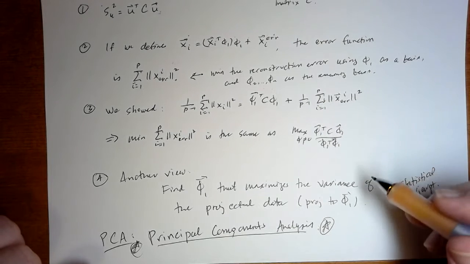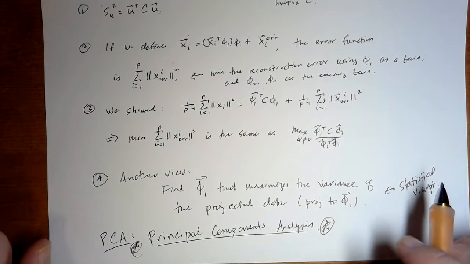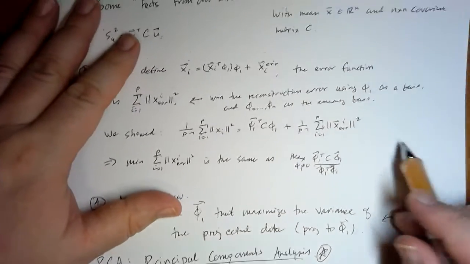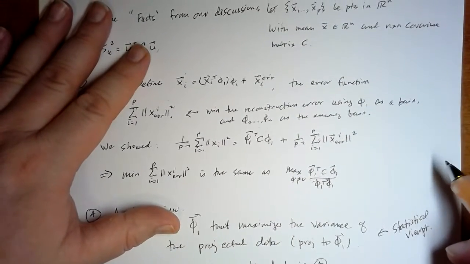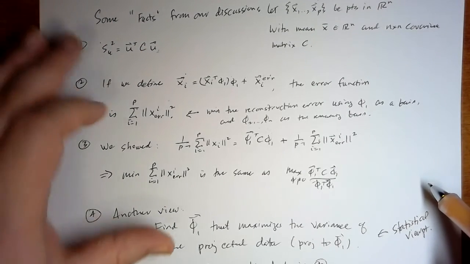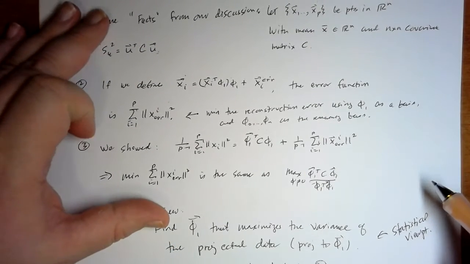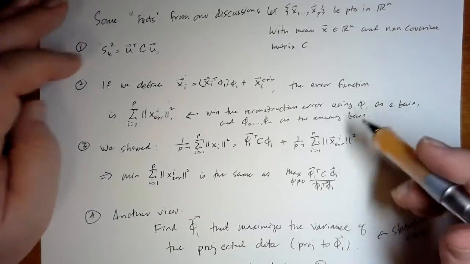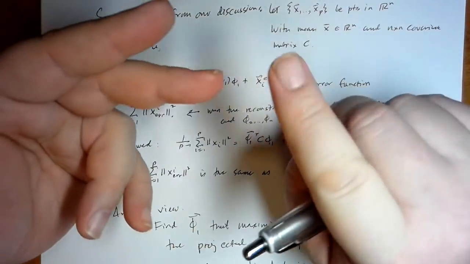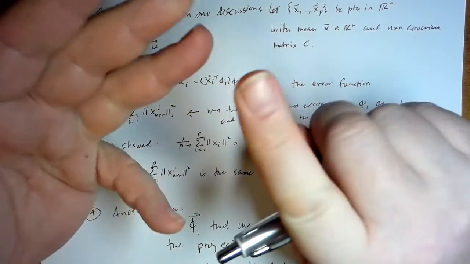I should say that this goes by a lot of different names. I used to title this the Karhunen-Loeve basis, but people didn't know what that was. That comes from signal processing literature. So finding the best basis is called Karhunen-Loeve analysis. It's called principal components analysis.